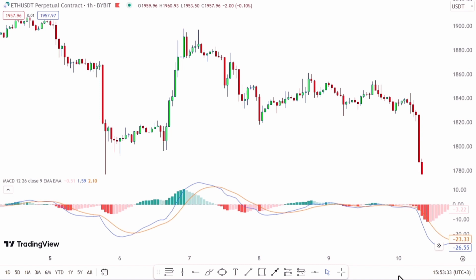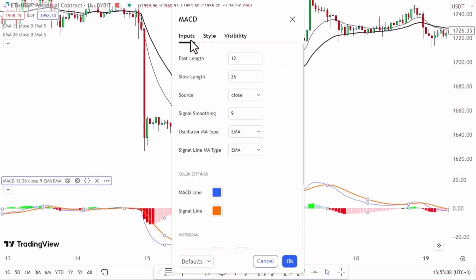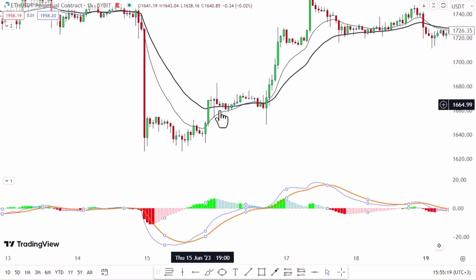Well, let me give you a quick comparison here. So here we have the MACD set to its default settings, 12 and 26, and over here we also have two exponential moving averages which are set to the same values as the MACD, 12 and 26. Notice the correlation between the two indicators.